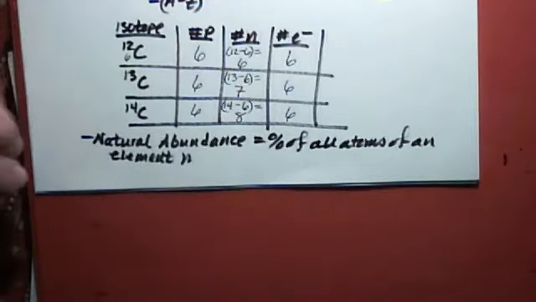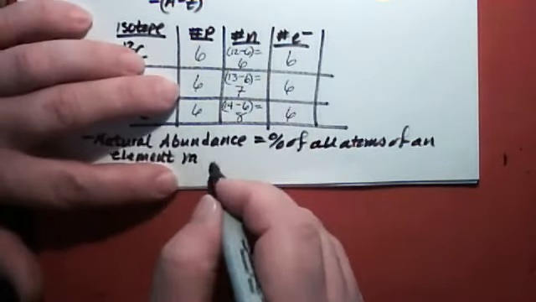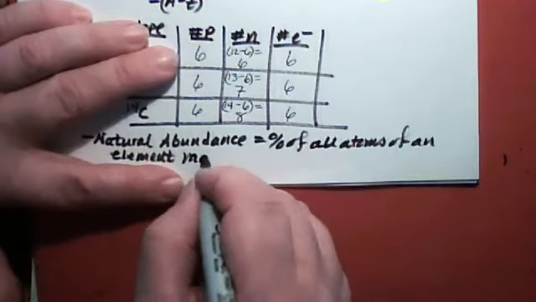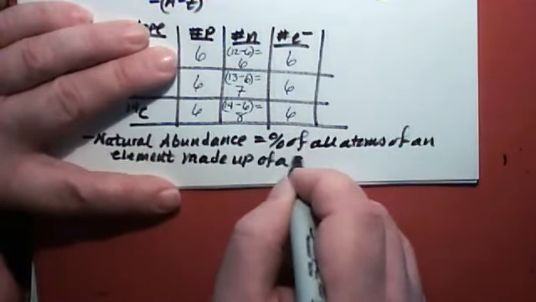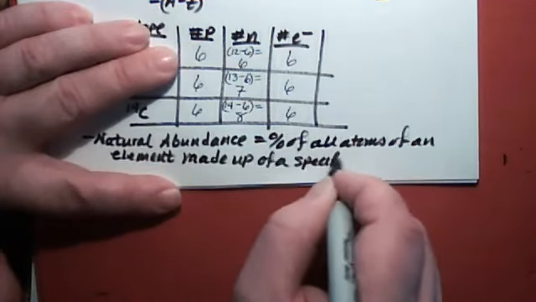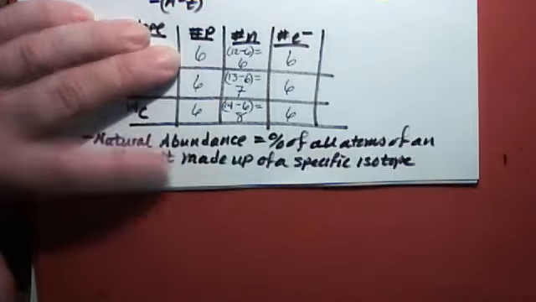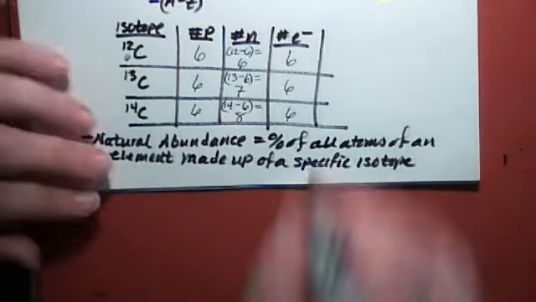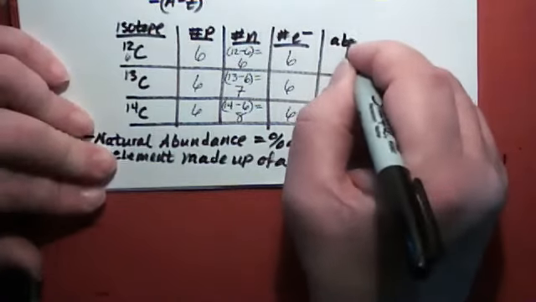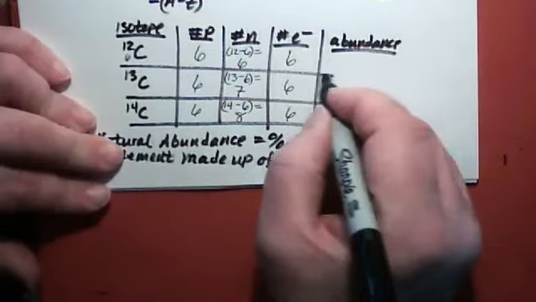The natural abundance for an isotope is just the percentage of all of the atoms of an element that are made up of a specific isotope. So we could add a line to this table up here for the abundance of these isotopes.